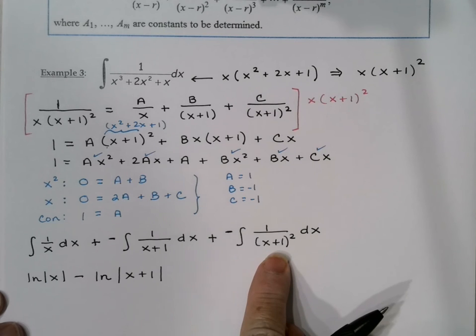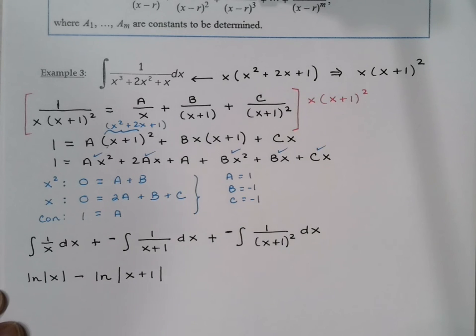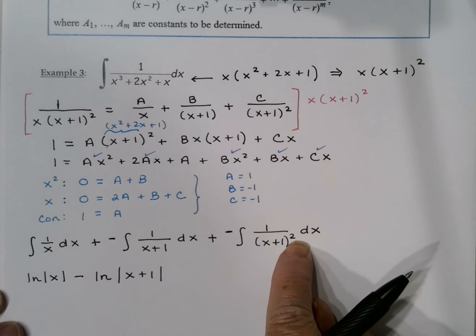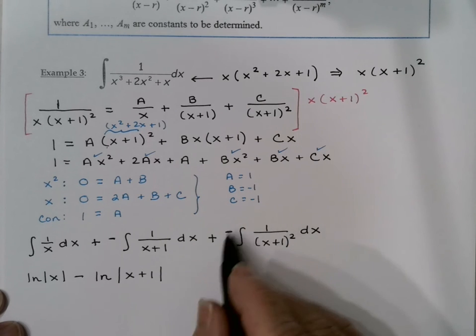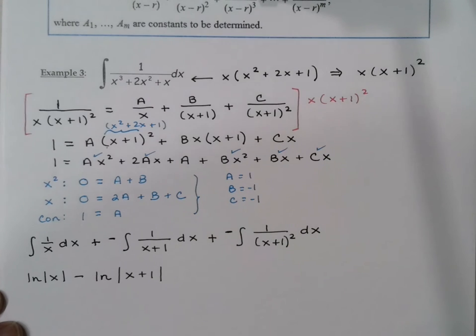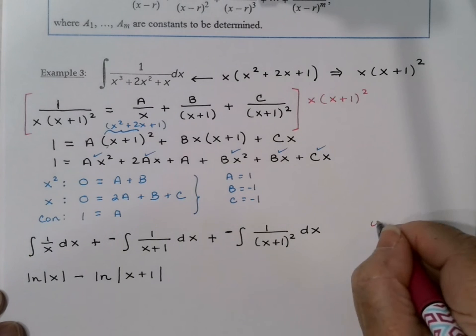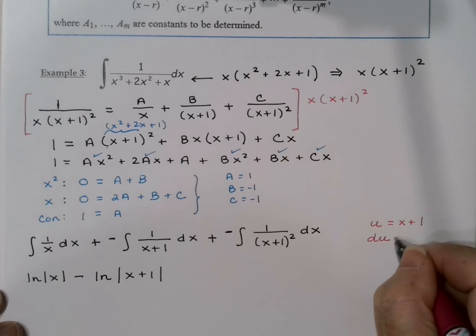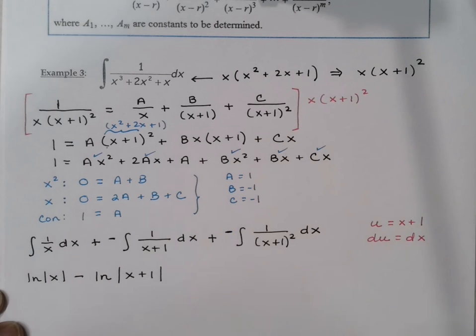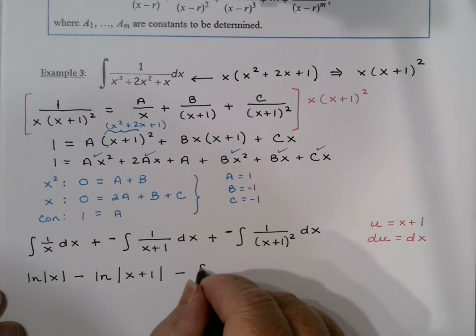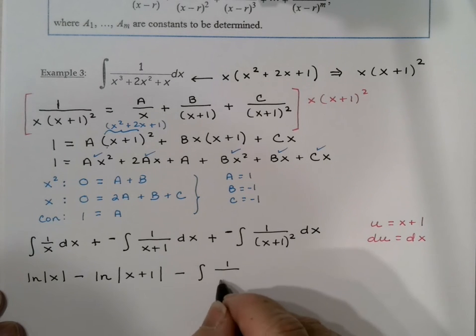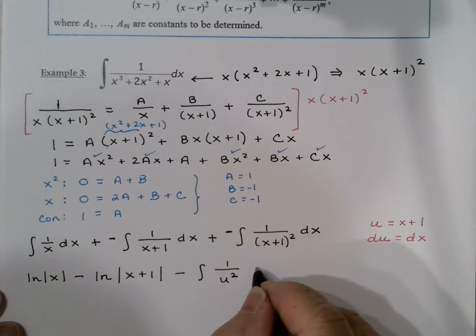And be careful here. You get so used to doing those natural logs when you do these partial fractions. But if you've got a power in the denominator, that is not a natural log. Let's do this piece with a little u substitution. If u is x plus 1, du is just 1 dx. So I have minus the integral of 1 over u squared du.